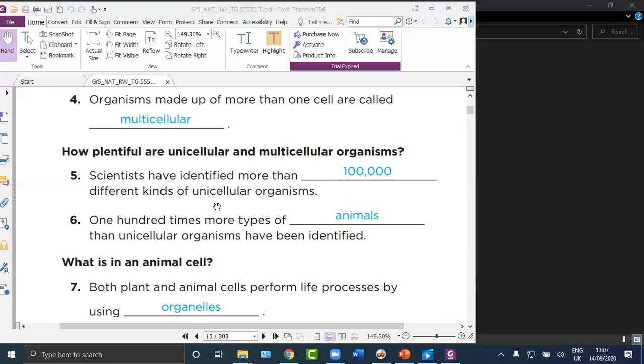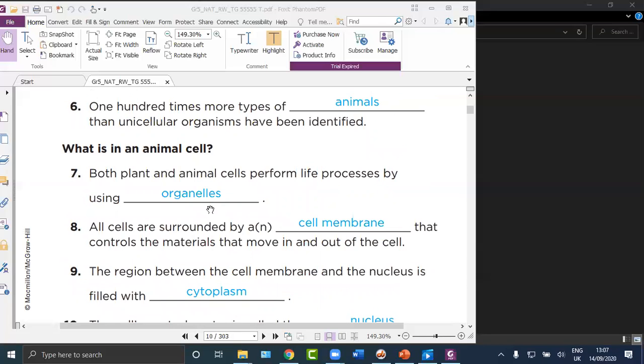I have the all purple one. Purple and blue. Now match your book with the model answers.